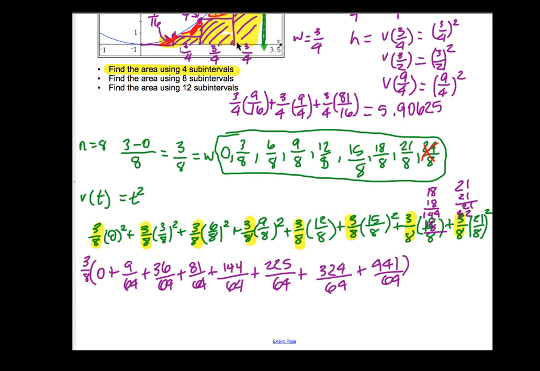And we would add all those guys up and multiply by 3/8. Okay, so go ahead and do that right now and see if you get what I get.